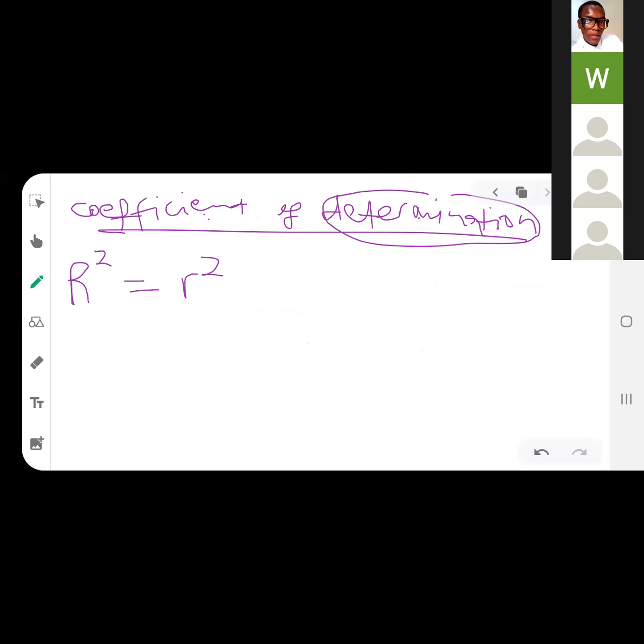So that is why we are saying coefficient of determination is denoted by capital letter R squared, and it's equal to the small letter r squared, and small letter r represents the coefficient of correlation. Are we together?